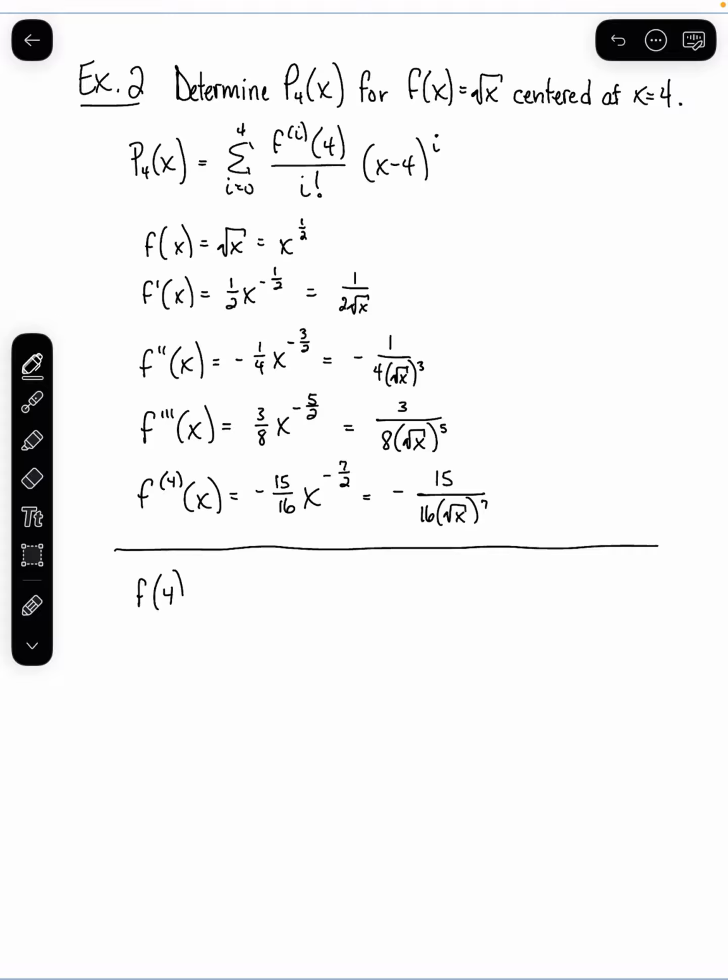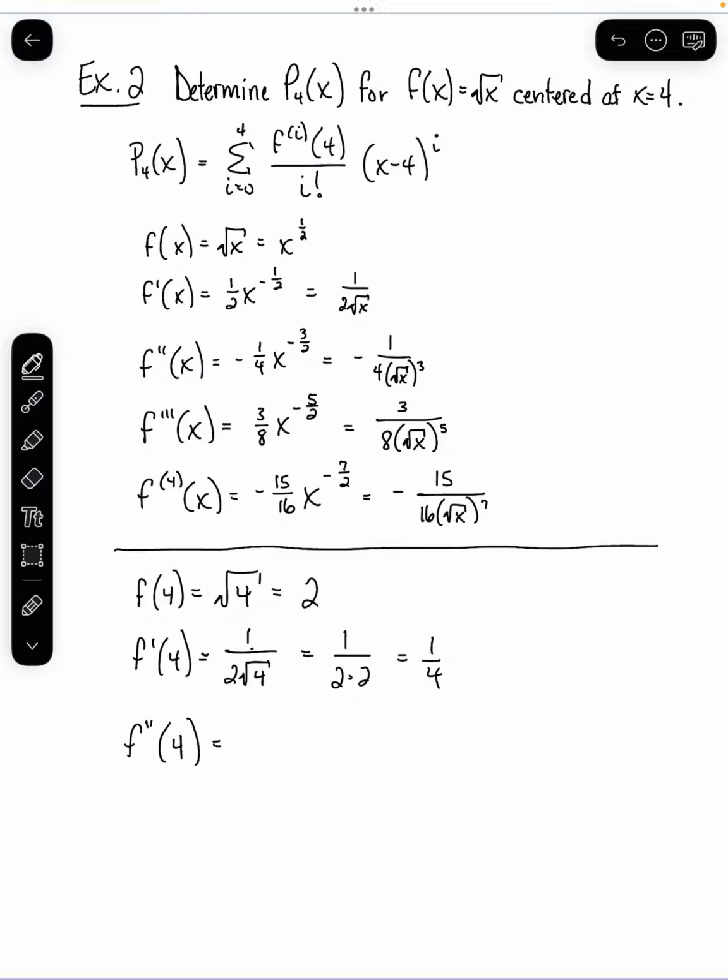So, we need f of 4, which is the square root of 4, which is simply 2. We need f prime of 4, which is 1 over 2 times the square root of 4, or 1 over 2 times 2, that is 1/4.